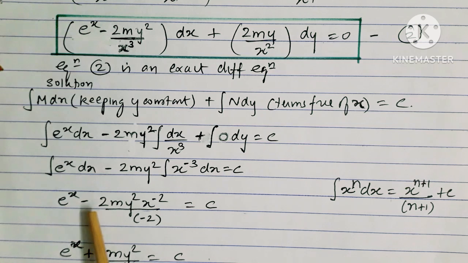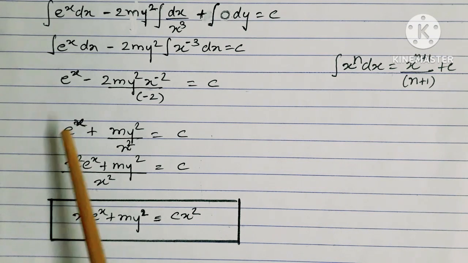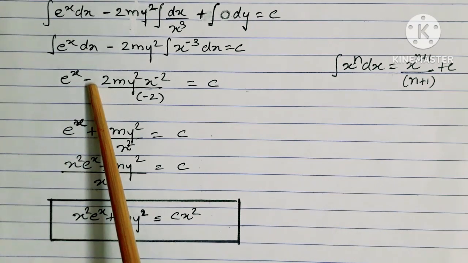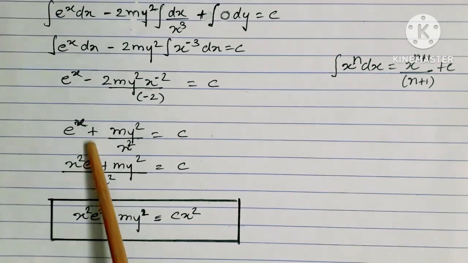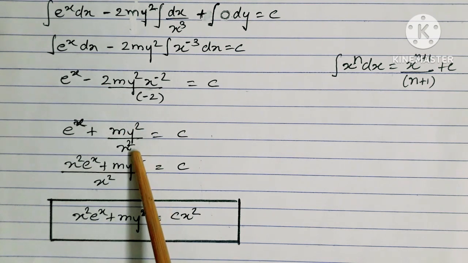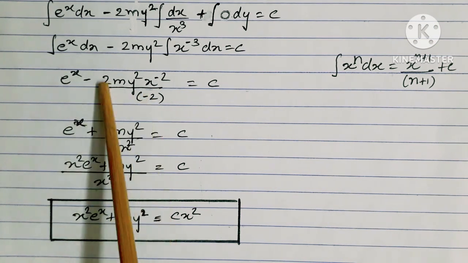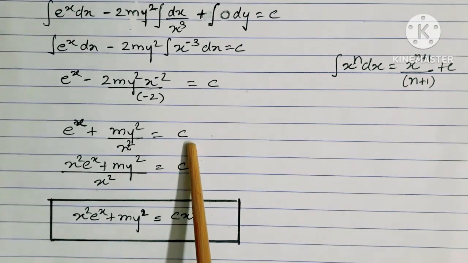So this would be minus 2m y square x raised to minus 2 upon minus 2 is equal to c. Now this would be e raised to x, and this minus 2 in the numerator and minus 2 in the denominator would make the second term positive. So this would be plus m y square upon x square, as 2 would cancel out in the numerator and denominator, and that would be equal to c.